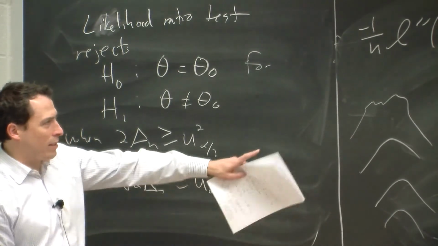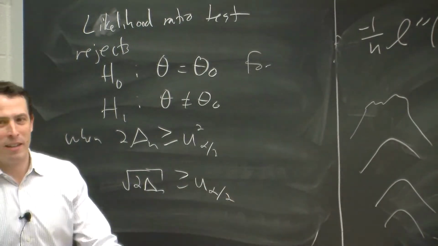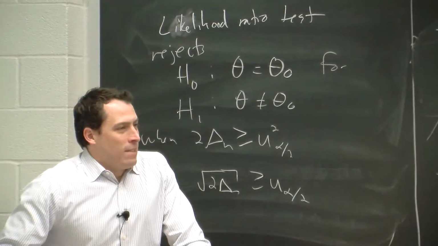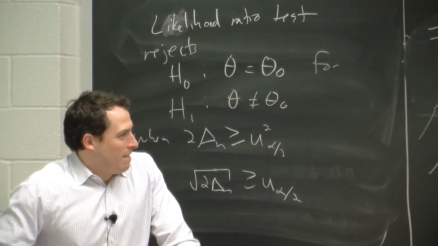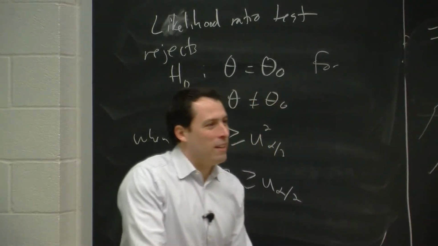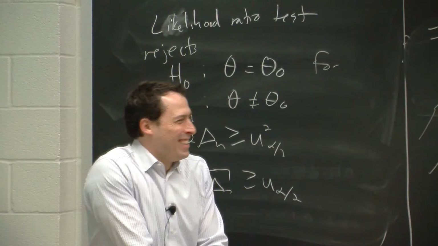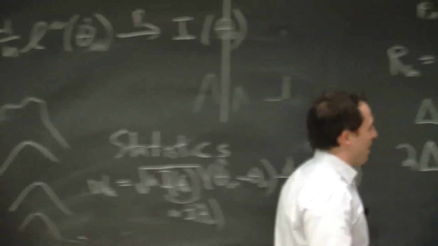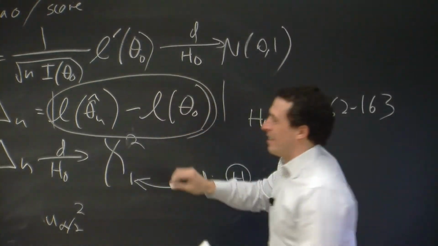Is it clear why it's called a likelihood ratio test, by the way? I didn't write any ratios there. Not really, I'm kind of confused about it. Usually there's a ratio. Well, how would I write this out in terms of likelihood?